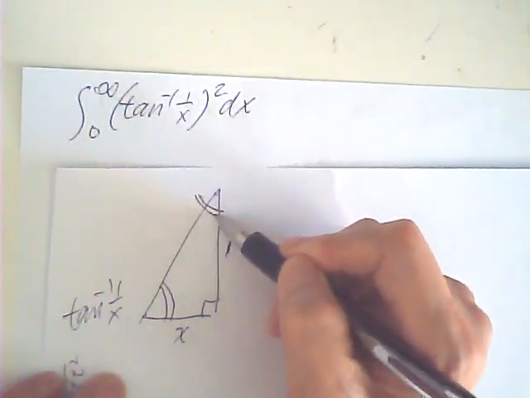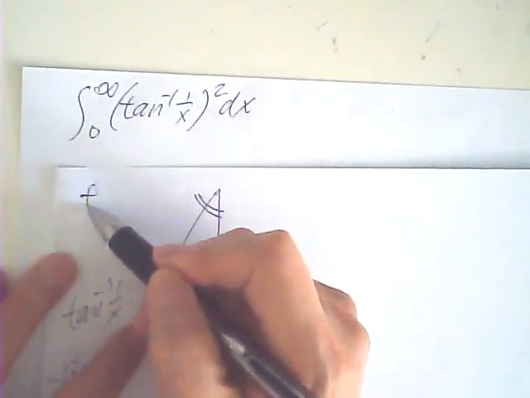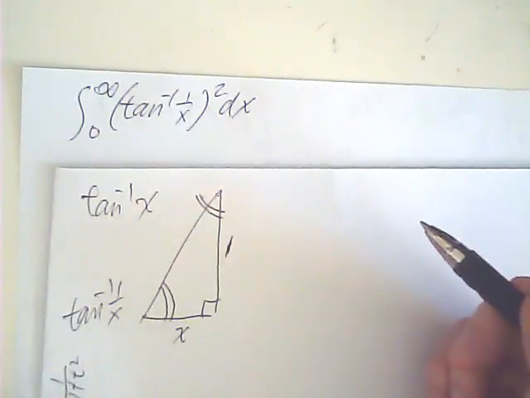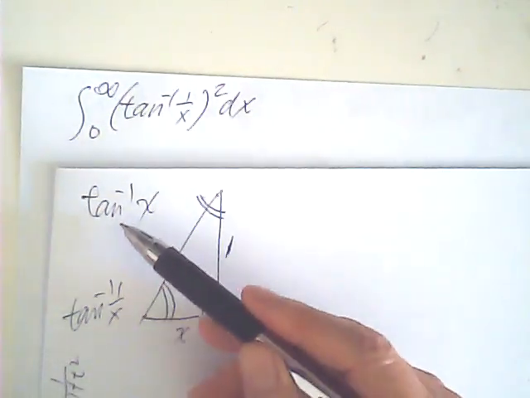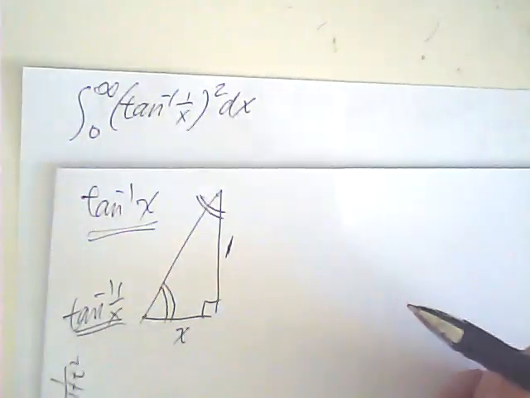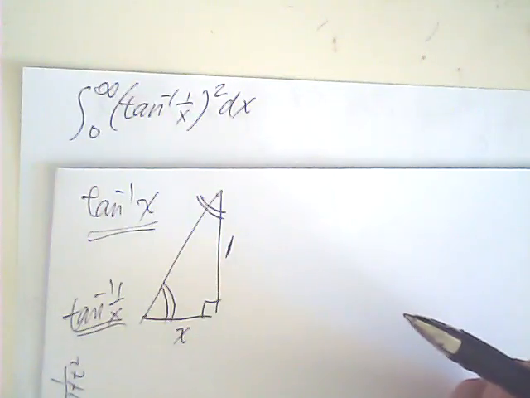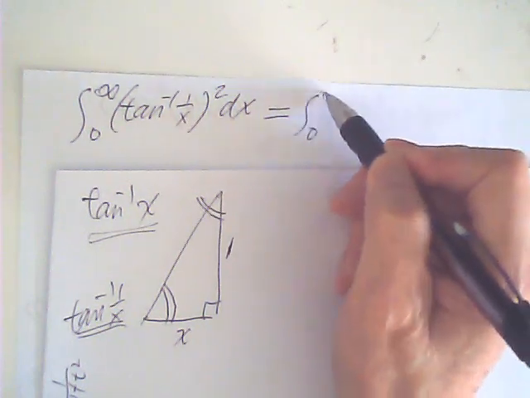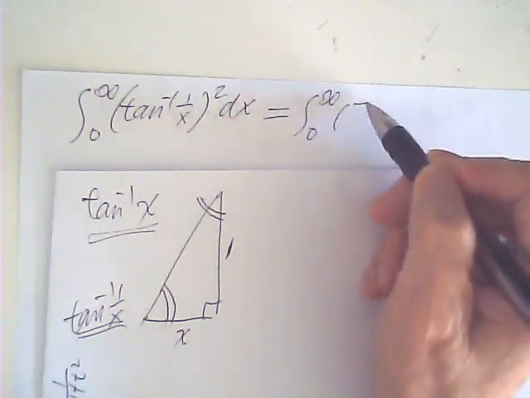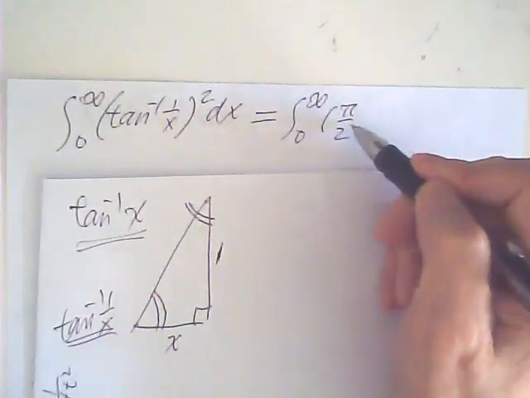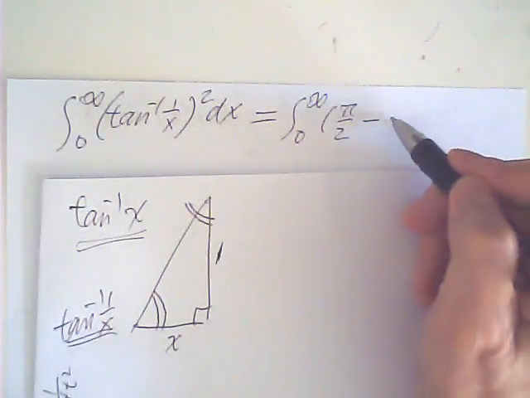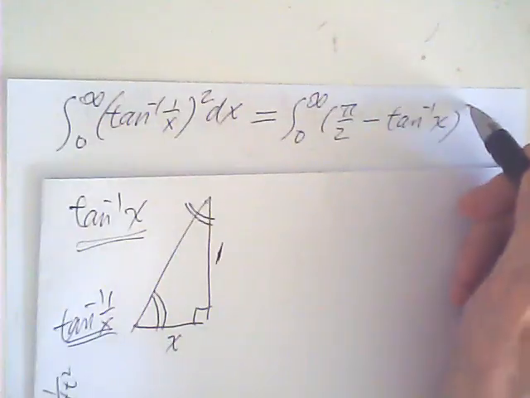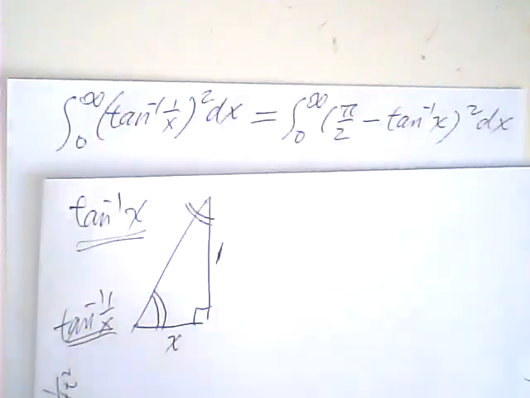And that angle will be equal to arctangent x over 1. In other words, this plus this is half pi. Okay? So my integral is equal to this one, half pi minus arctangent x, squared.